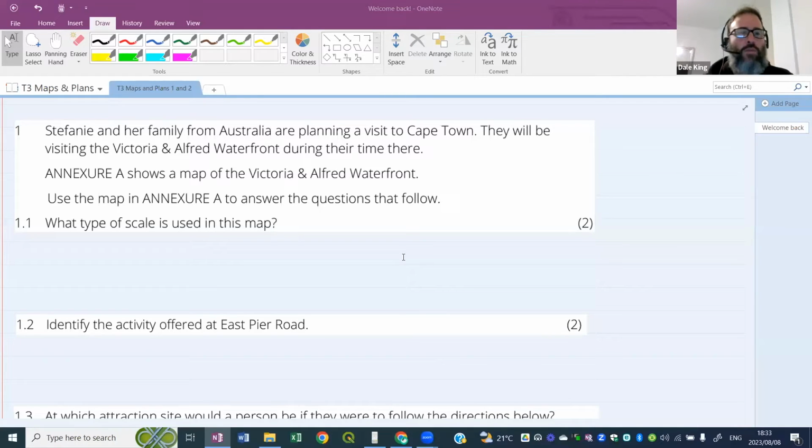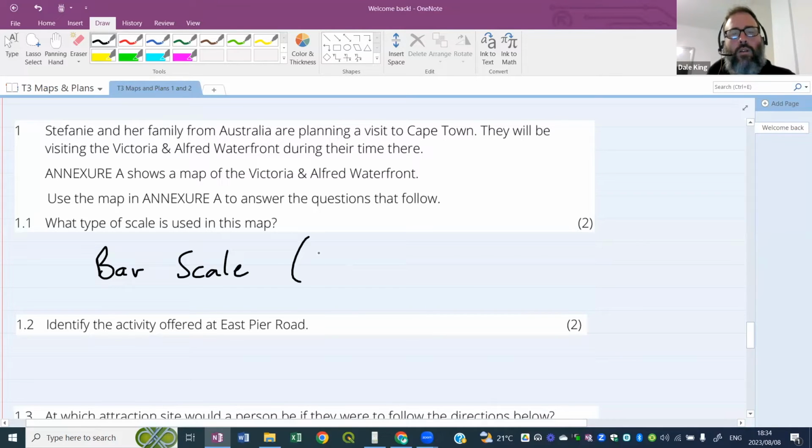Annex A shows a map of the Victoria and Alfred Waterfront. Use the map in Annex A to answer the following questions. What type of scale is used in the map? You guys already told me. Bar scale. I'll give you another word here, linear scale, but bar scale is the preferred answer. Yep, we got that. Good.